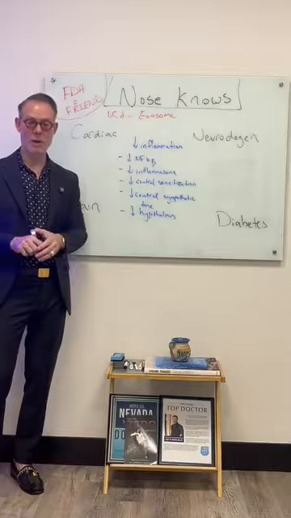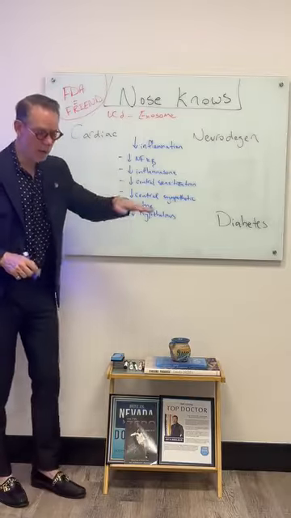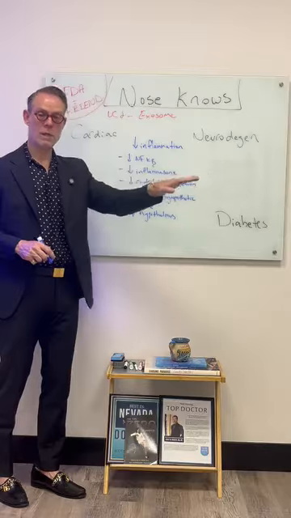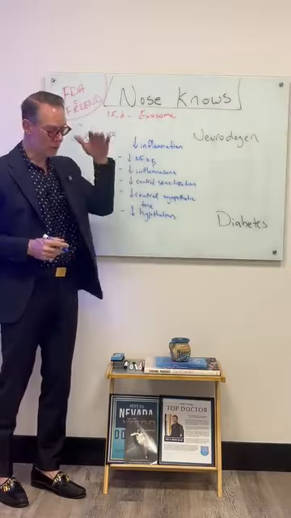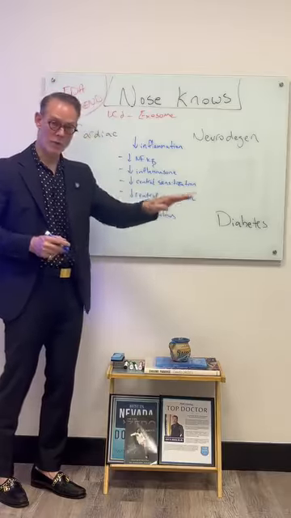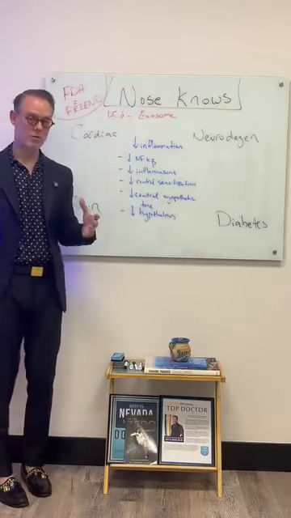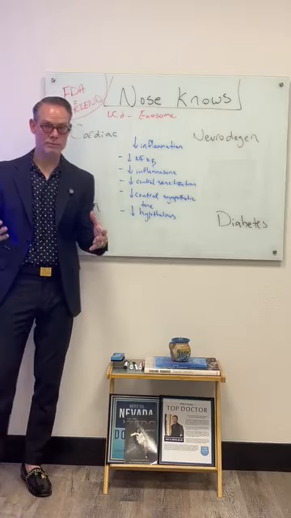Elevations in cholesterol deposits slide under the endothelial layer in smooth muscle. Once those cholesterol deposits slide under that endothelial layer, they start to form a foam cell.